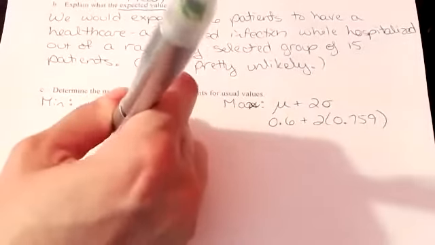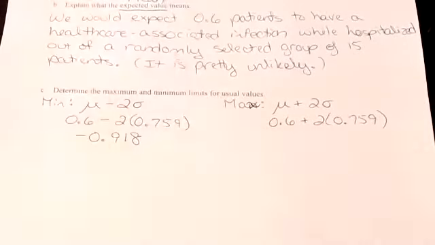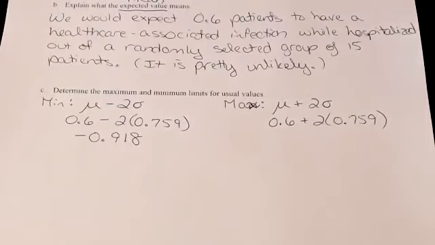Yes, perfect. Negative 0.918. You're probably already thinking about the fact that you can't have negative people. And it's okay. Remember, it's just a mathematical computation. When we use math to model real world examples, there's typically a domain that exists in the real world. Outside of that domain, it doesn't quite make sense.